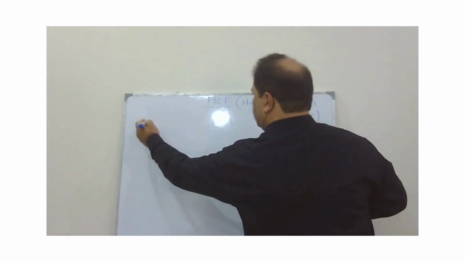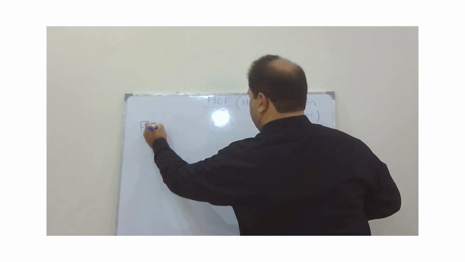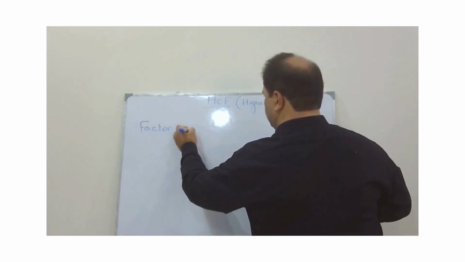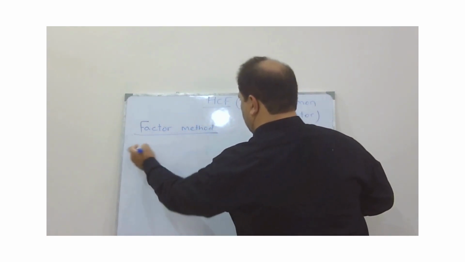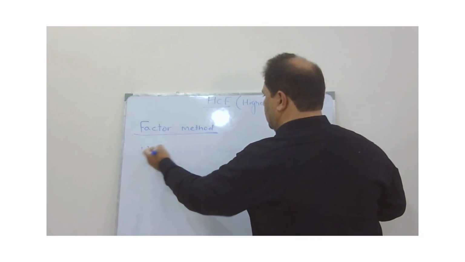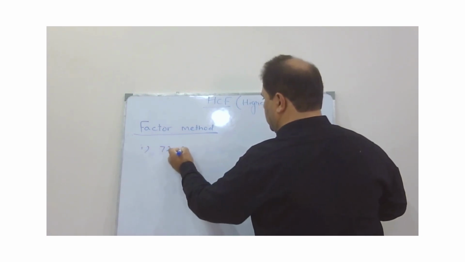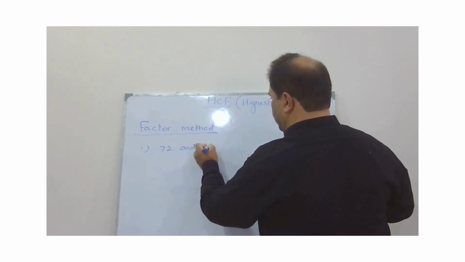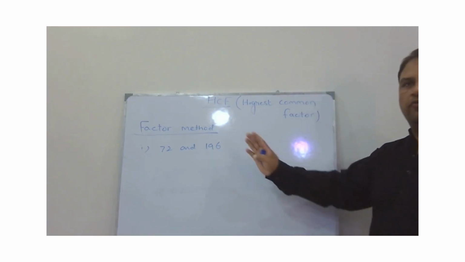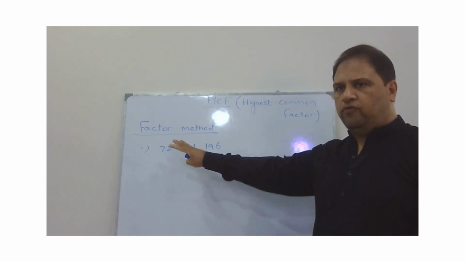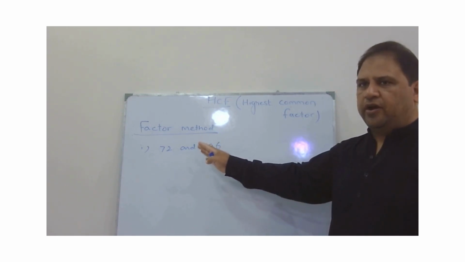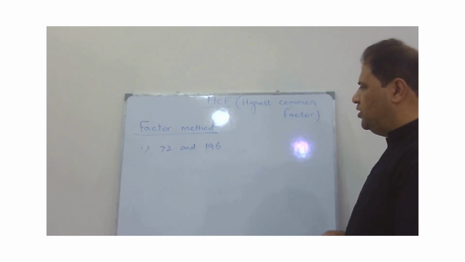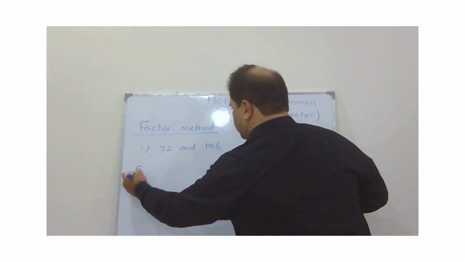We have two values like 72 and 196. We have to find the HCF of these values. So first we will find the factors of 72.